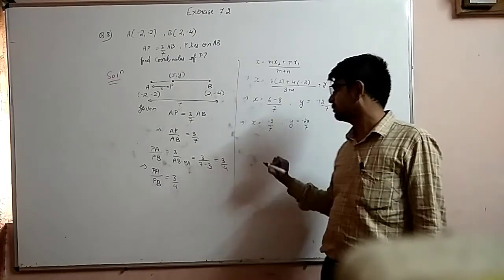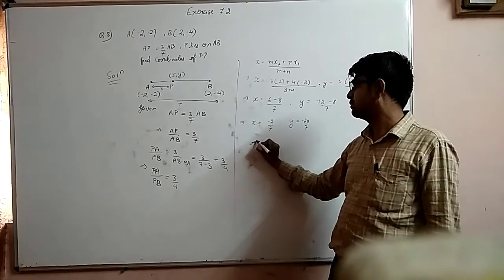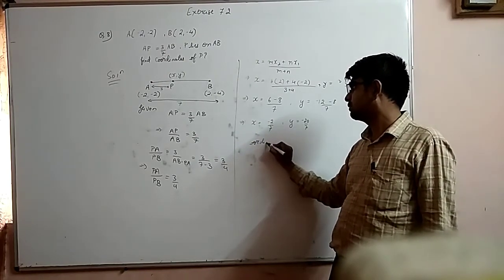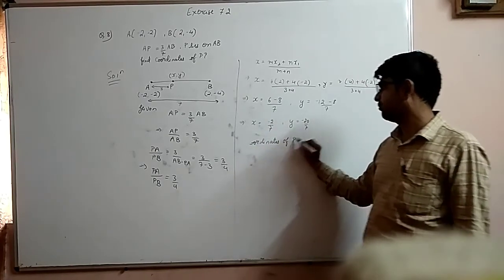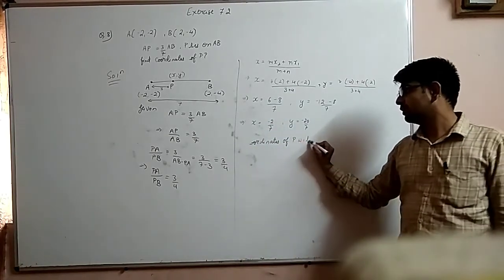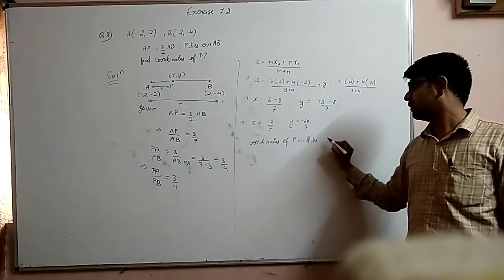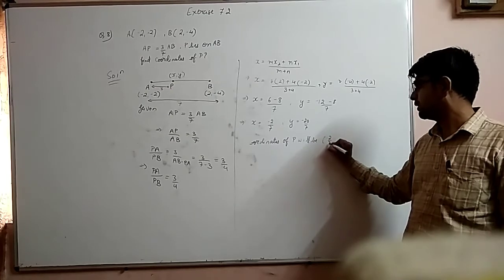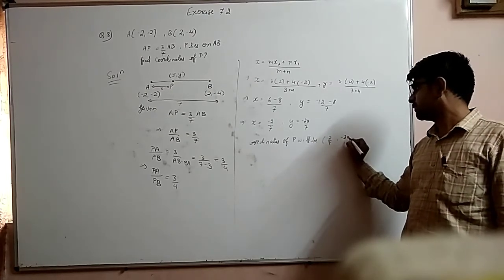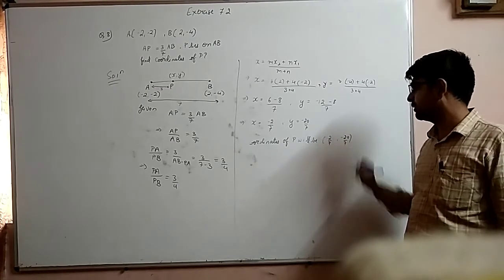So therefore, coordinates of P will be x is minus 2 by 7 and y is minus 20 by 7.